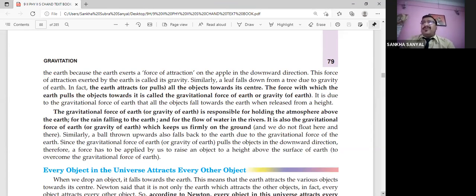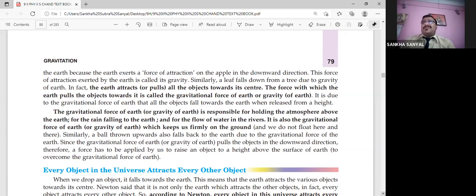There are so many phenomena that happen around us because of the force of gravity. In fact, the atmosphere that we have above us, which makes the existence of life possible on the surface of earth, is also because of gravity. If you talk about the high tides and low tides that come up in the oceans, it's also because of this gravitational force.